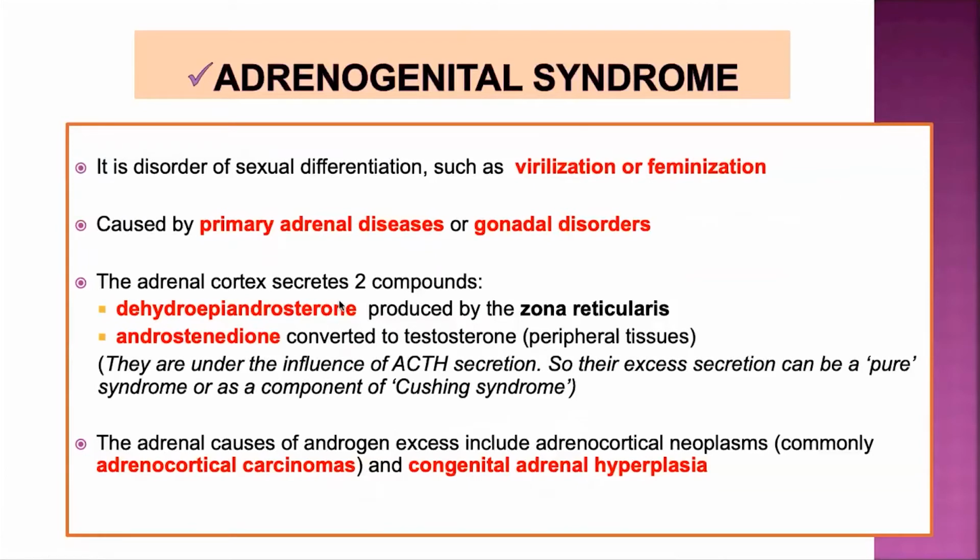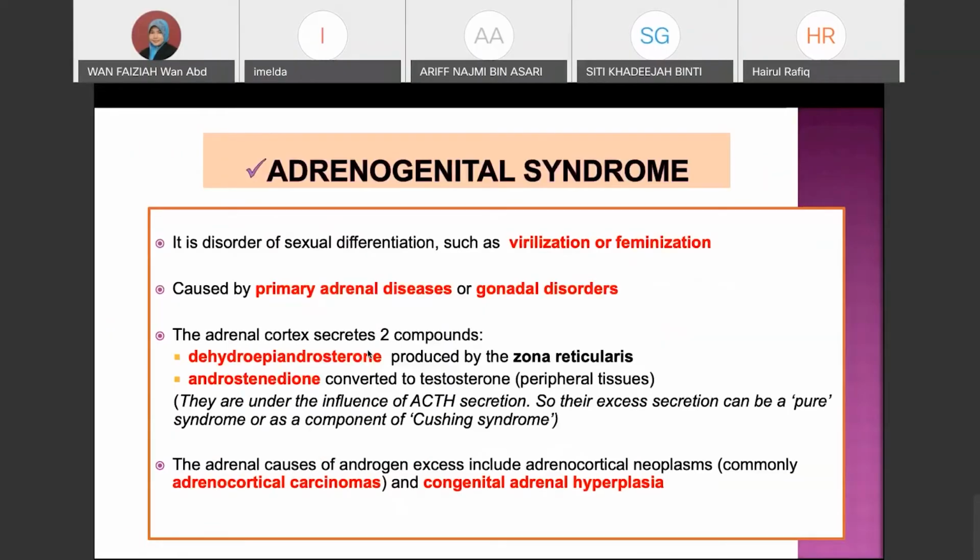It is actually a disorder of sexual differentiation, such that the patient may have virilization if towards the male, or feminization if towards the female. It is caused by a primary adrenal disease or gonadal disorder. The adrenal cortex secretes two compounds of the steroid, actually, the sex hormones: dehydroepiandrosterone, produced in the zona reticularis, as well as androstenedione, which is converted to testosterone at the peripheral tissue.